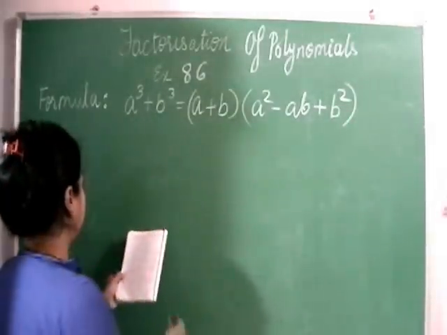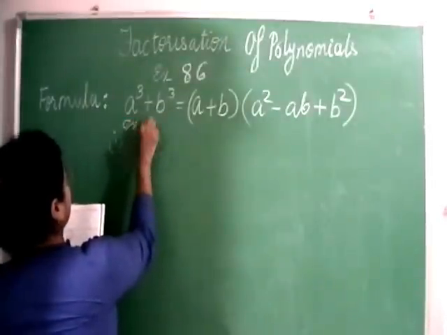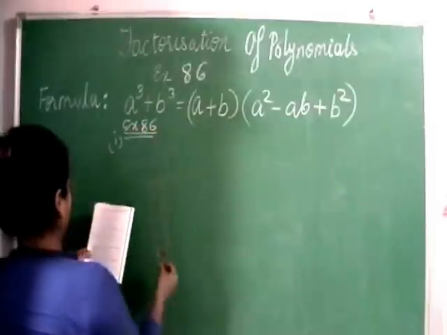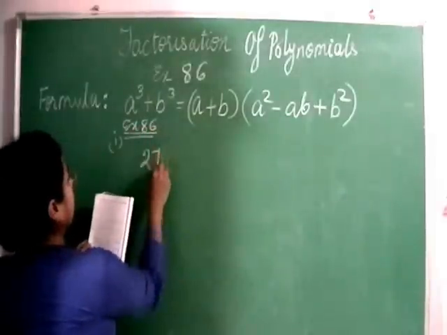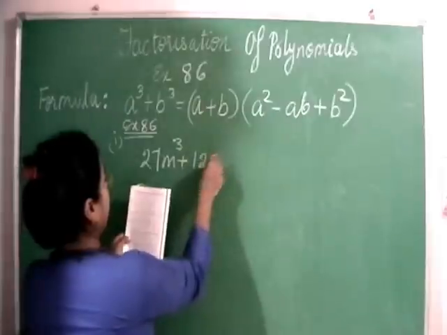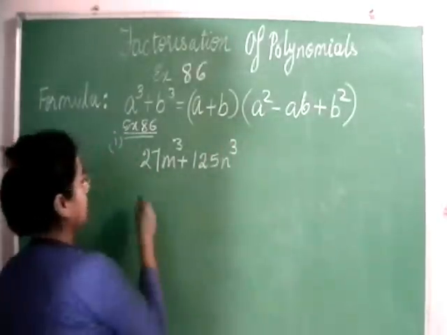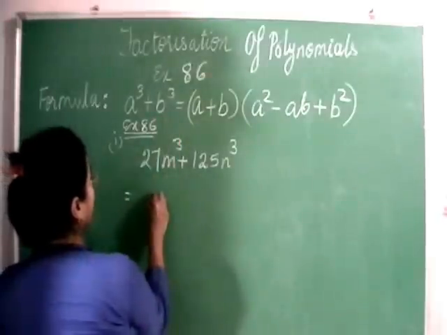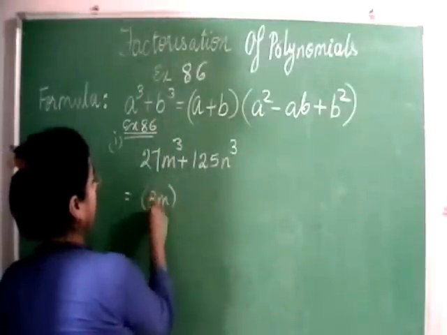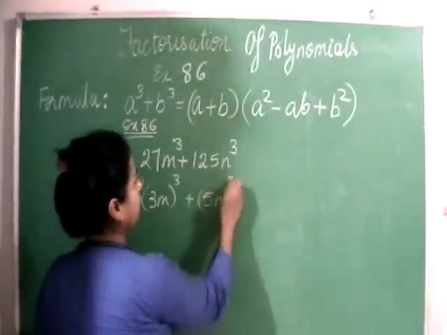Now Exercise 86, first sum. 27m cube plus 125n cube. Write this sum in this form: (3m) the whole cube plus (5n) the whole cube.